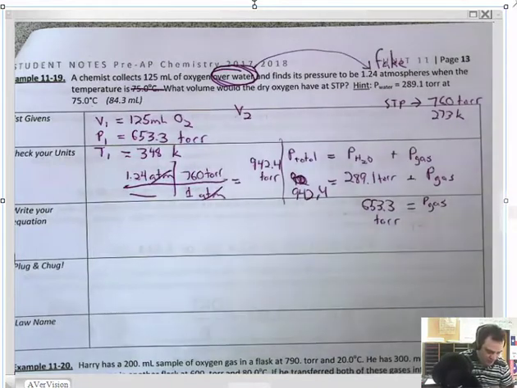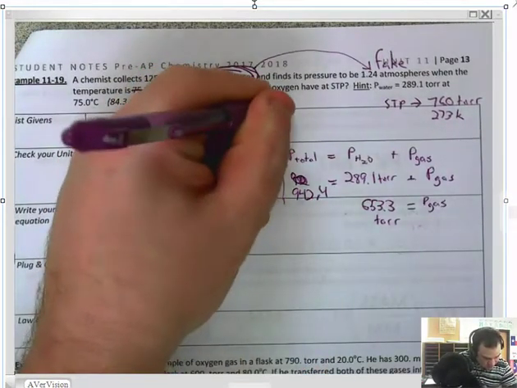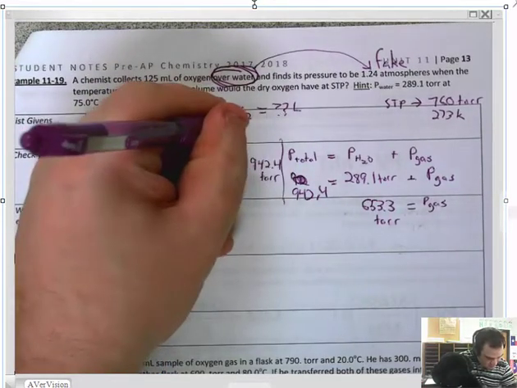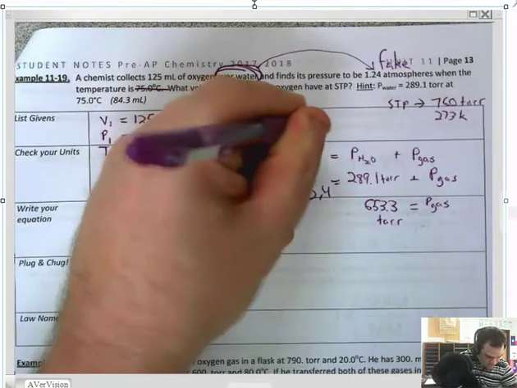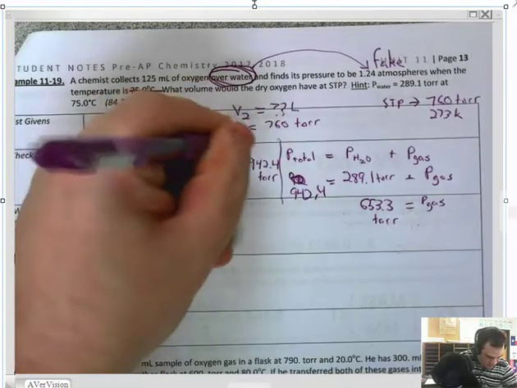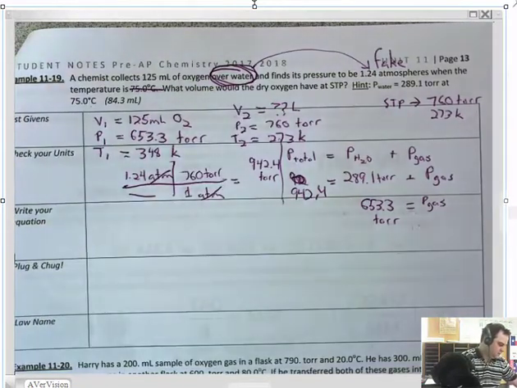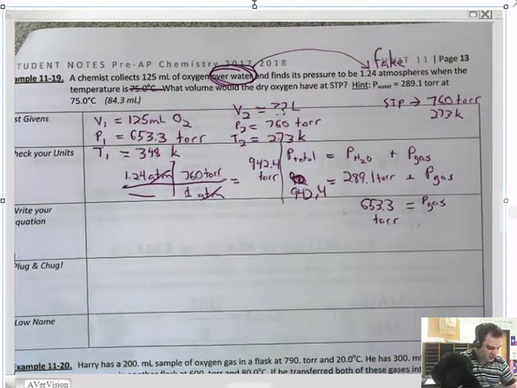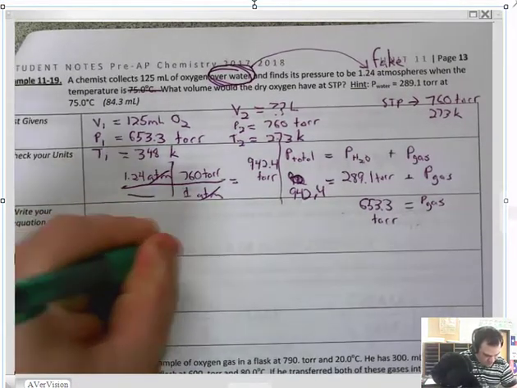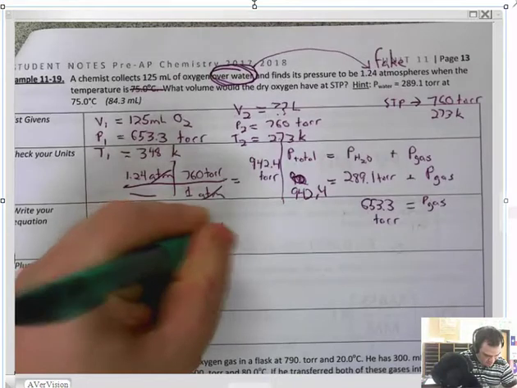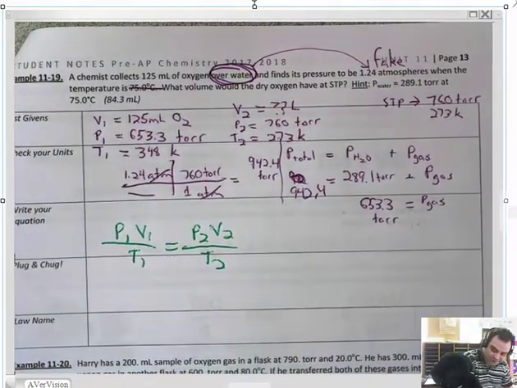Sneaky, sneaky. So P2 equals 760 torr, and T2 equals 273 Kelvin. So we're going to use the equation P1 V1 over T1 equals P2 V2 over T2.